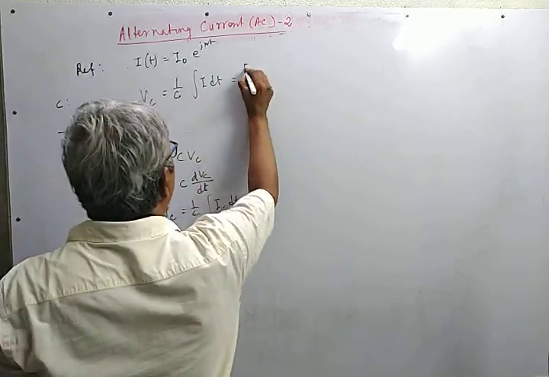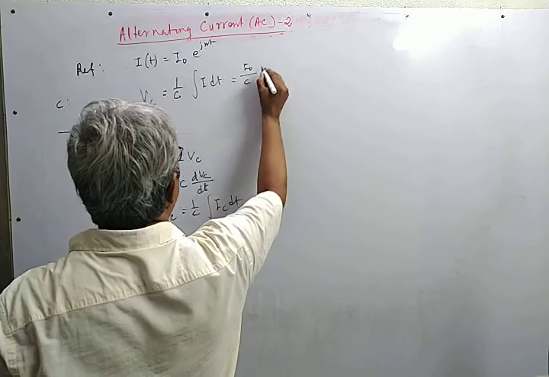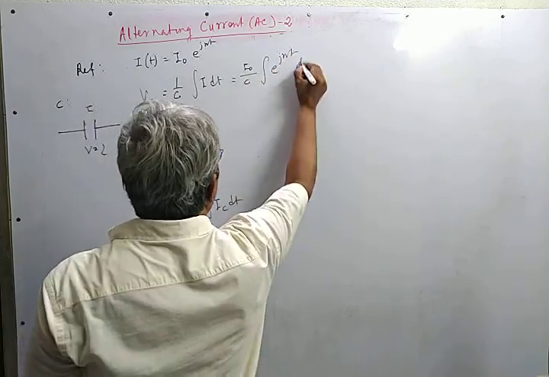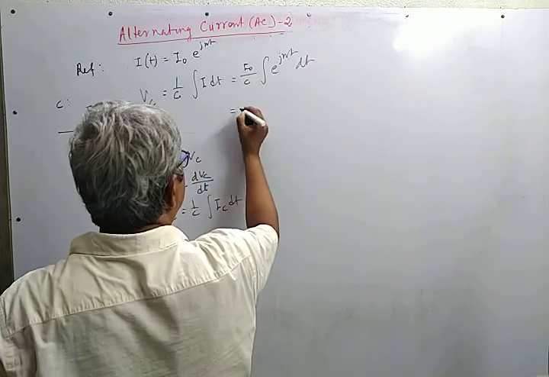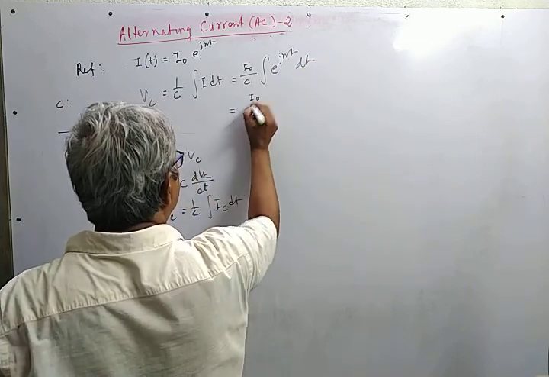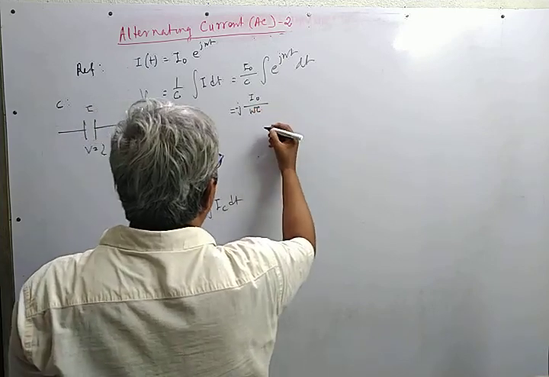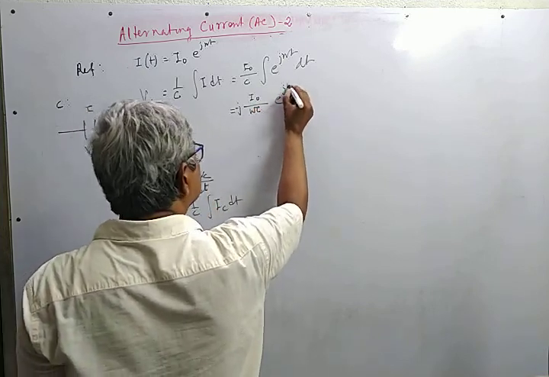So this is integral of I0 e to the power j omega t dt, and this is I0 upon omega C e to the power j omega t.